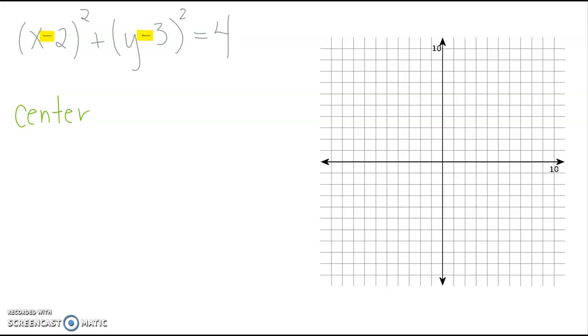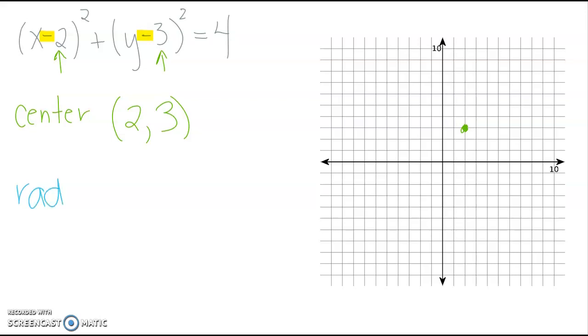If they are both minus signs, all we have to do is take this value and take this value. So my center is at 2, 3. So I'm going to draw a point at 2, 3, right 2 and up 3. That is the center of my circle.